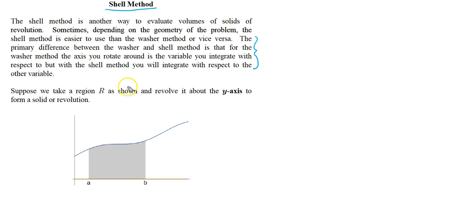To start out in the development of the shell method, suppose we take a region R, as we have shown down here, and we revolve it around the y-axis to form a solid of revolution. In this case, the solid of revolution would look something like this.